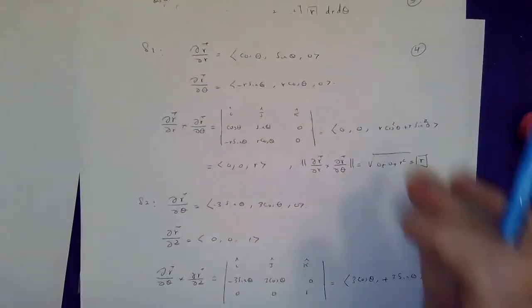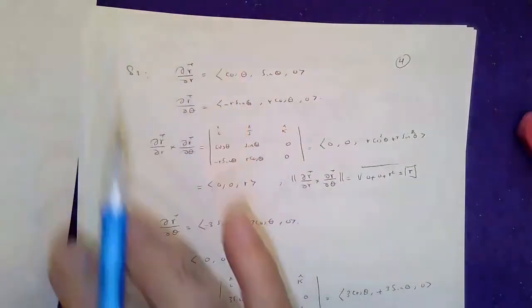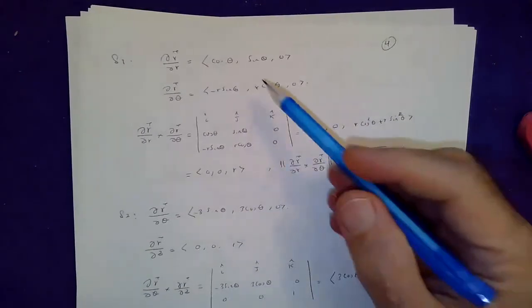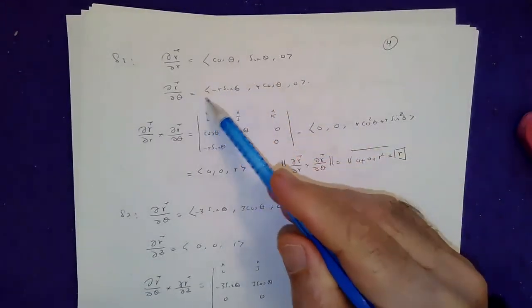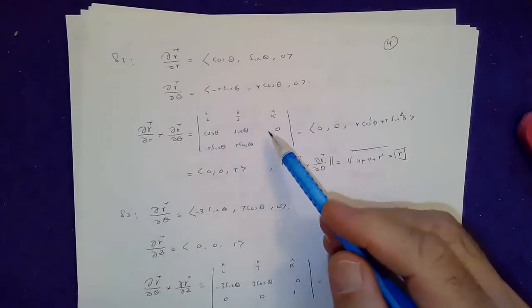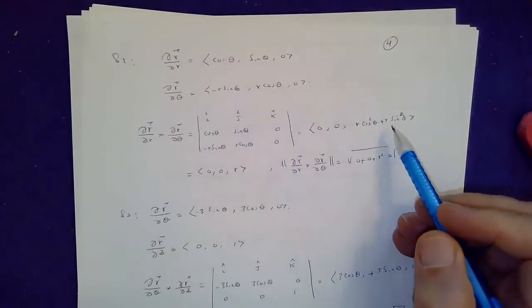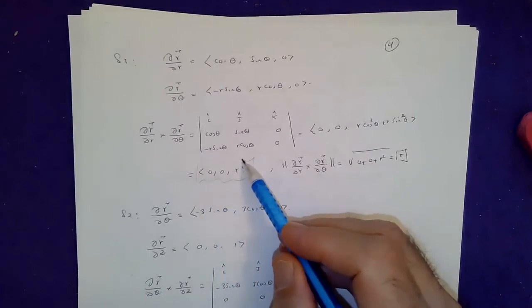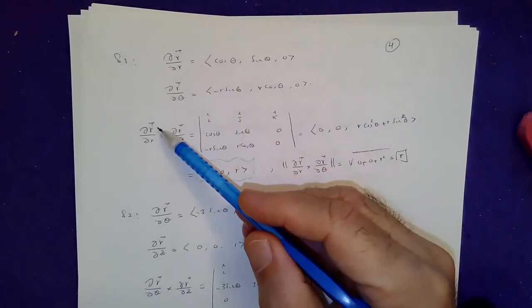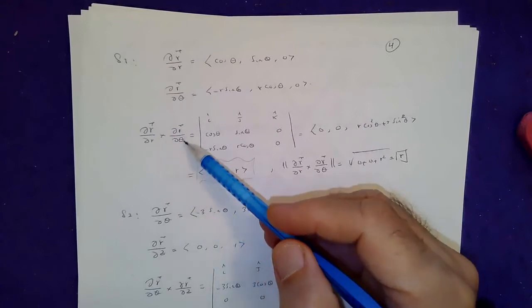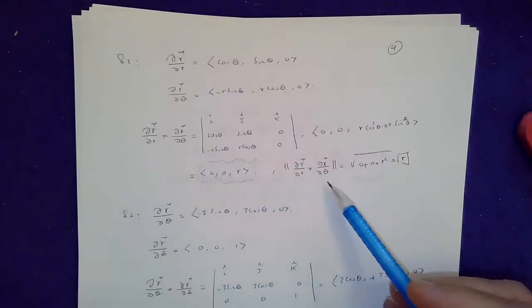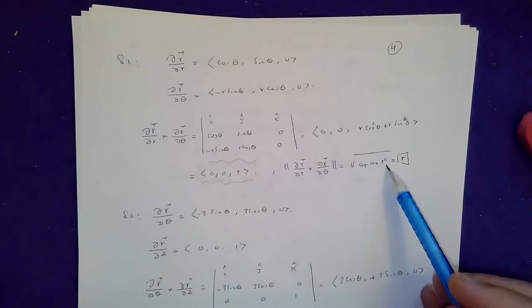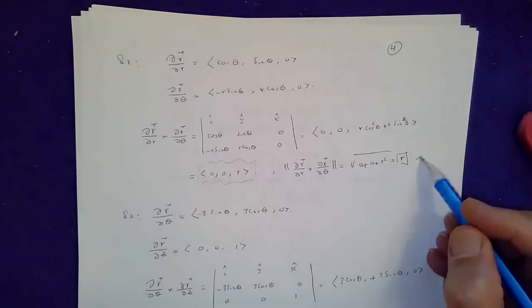So for the first surface, do you see it? I have S1, so I took the partials with respect to r and with respect to theta. I took the cross product. This is what I got. This is the cross product of the partial of r with respect to r with the partial of r with respect to theta. But I have to take its magnitude, which is the square root of 0 plus r squared, which is r.